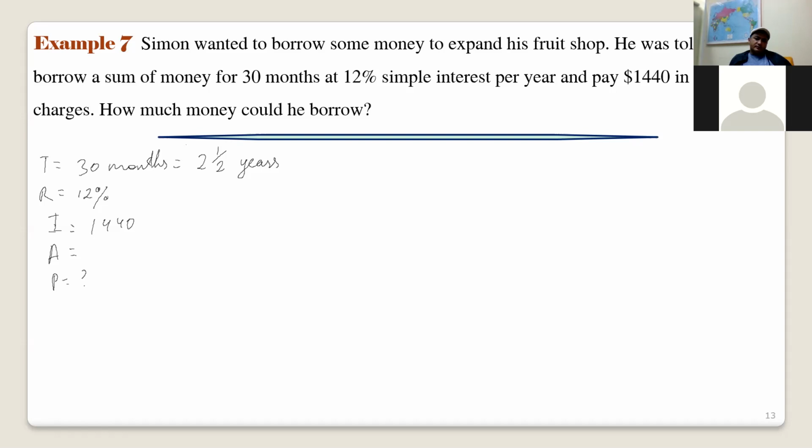I equals PRT, right? I is given, R is given, T is given. We just need to solve this for P. I equals PRT, so from here, P equals I over RT. Now substitute the values. I equals 1,440. Can you also write P in front of this fraction? I mean, you can say that it's P. Okay.